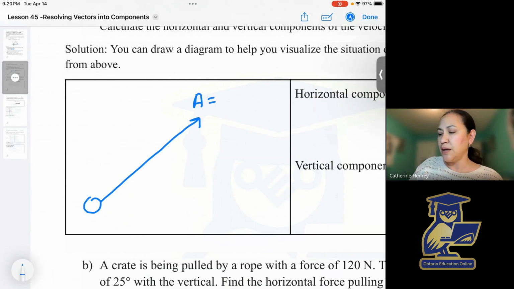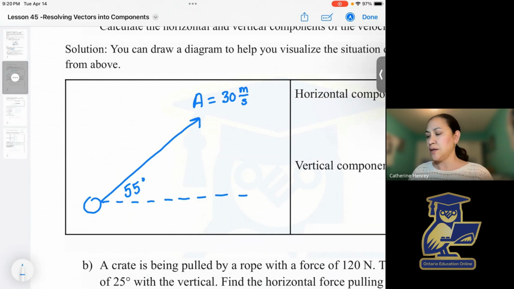So I'm going to write that here, 30 meters per second. I'm going to try this dotted line first to represent the ground, and the vector acts at an angle of 55 degrees from the ground.